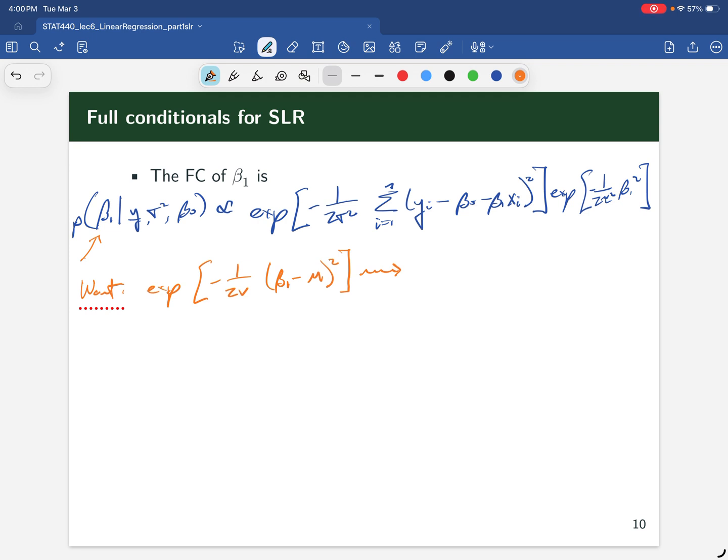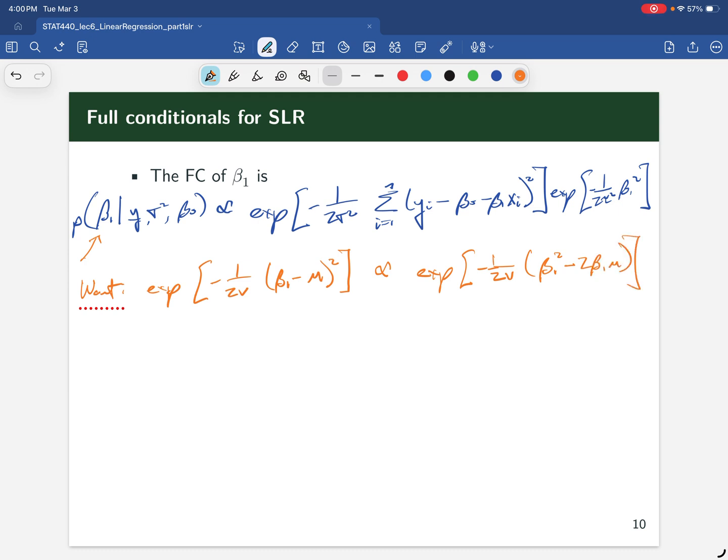Now, in the module 4 notes, we basically started from here and we got rid of another normalizing constant. And we said that another way of writing this is proportional. Instead of a squiggly arrow, let me just say proportional here. This is proportional to e to the negative 1 over 2v of (beta 1 squared minus 2 beta 1 m).